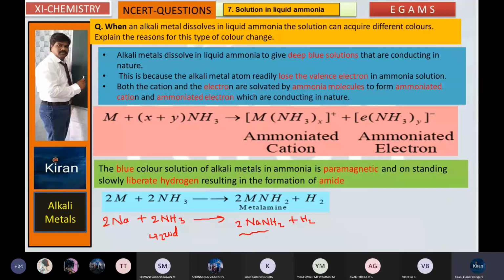Before forming this sodium amide and hydrogen gas, when sodium metal is placed in ammonia, you are getting a blue color solution. This blue color solution is turned into this product. This is about the chemical reaction between metal and liquid ammonia.